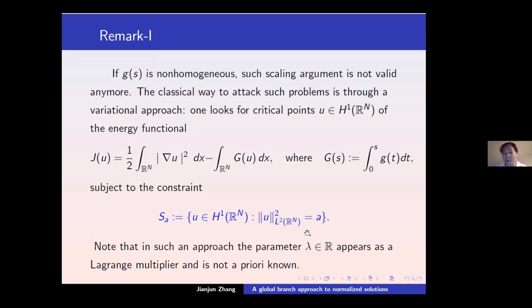Usually here, the parameter lambda appears as a Lagrangian multiplier and is not previously known. Okay. So if people want to find a minimizer of G of U over this sphere, people have to consider the mass subcritical, mass critical, and mass supercritical cases separately.